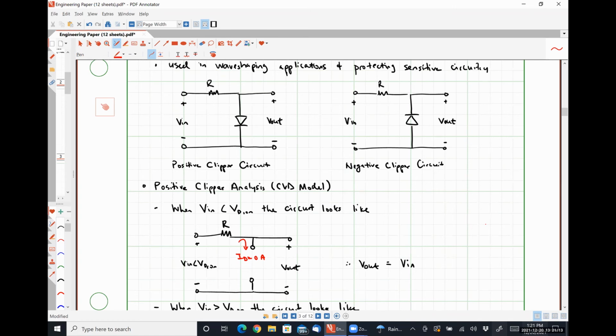Okay. Sometimes though, we want the portion of the waveform cut off to be significantly larger than the VD on for our diode. So what do you think we could do to modify this guy to give us a higher range before the clipping occurs? Nope.